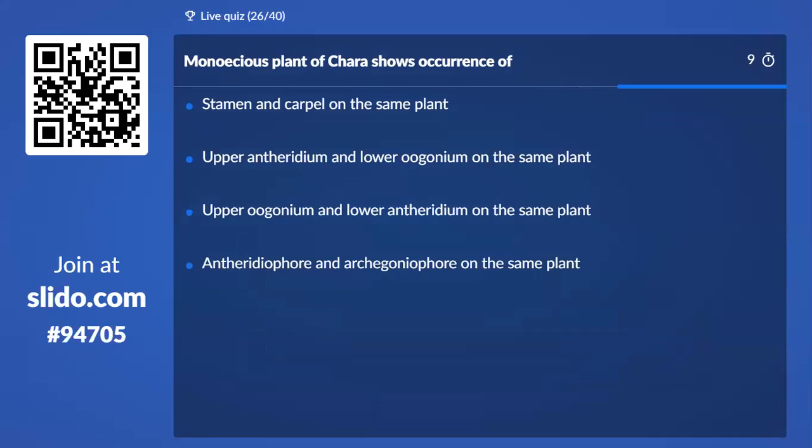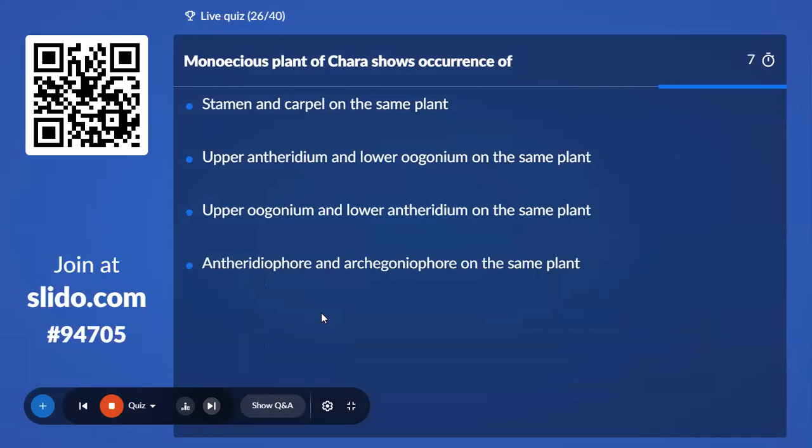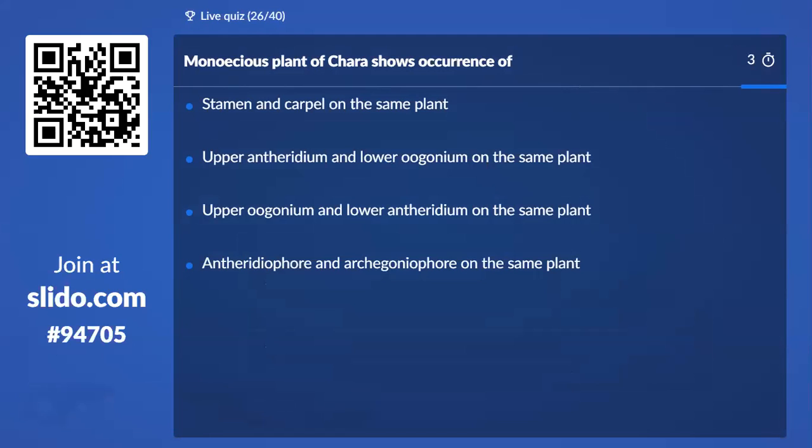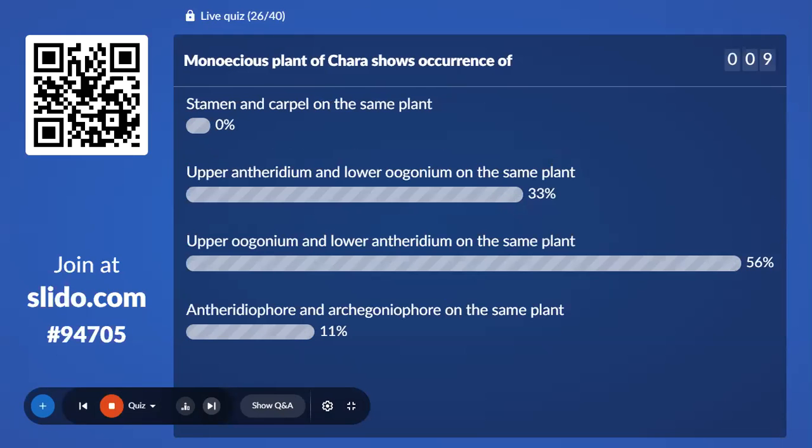Upper antheridium, lower oogonium; upper oogonium, lower antheridium; antheridiophore and archegoniophore in the same plant. 56% with the correct answer. Chara is a monoecious plant which shows upper oogonium and lower antheridium on the same plant.